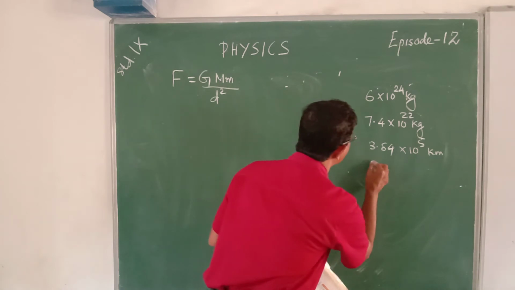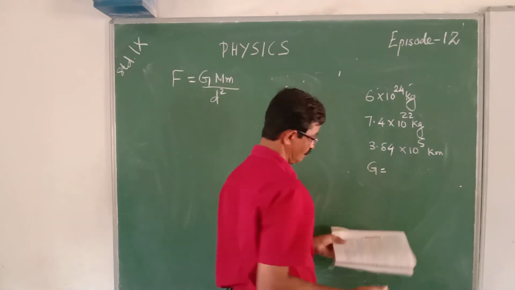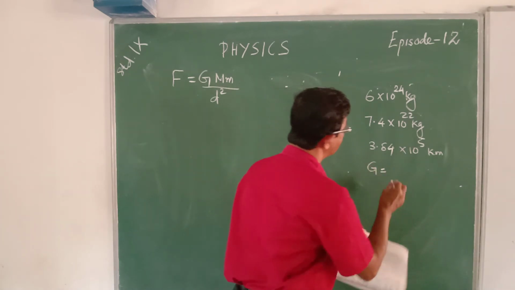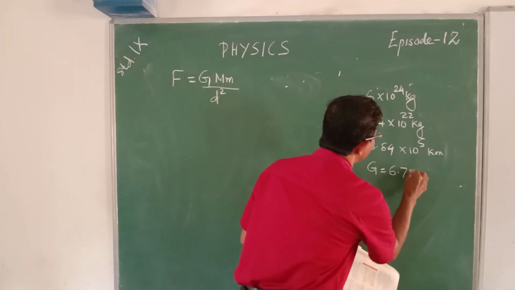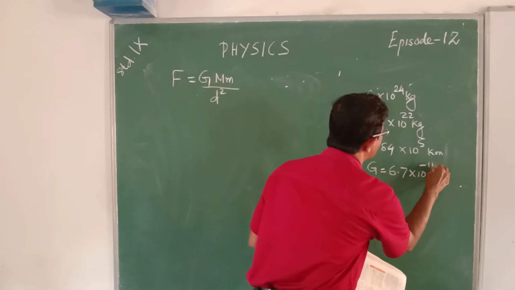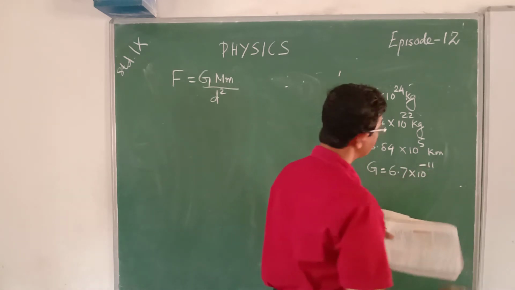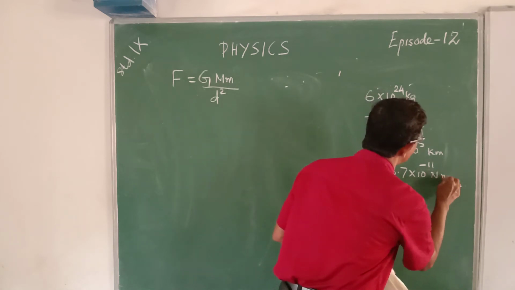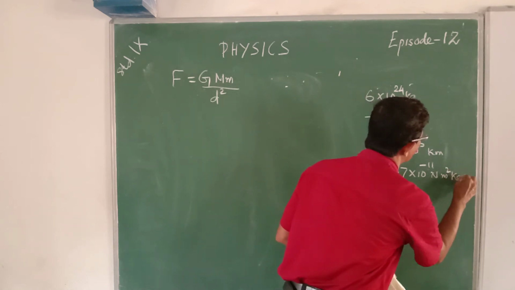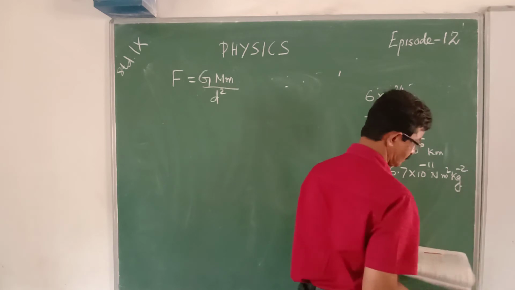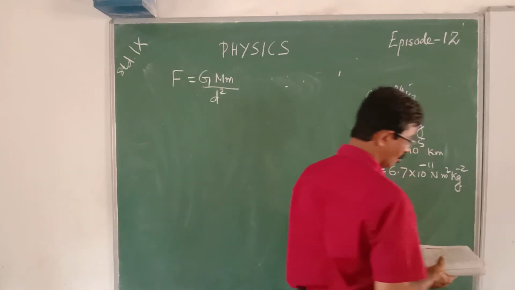G is given as 6.7 into 10 raised to minus 11. Unit we know, Newton meter square per kilogram square. Okay.